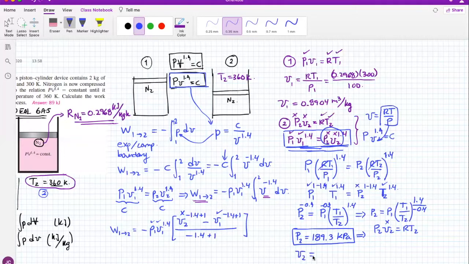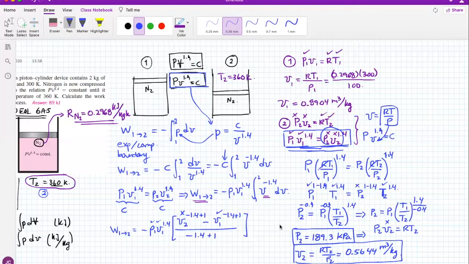So V2 equals RT2 divided by P2, and if you substitute all the numbers there, it should give you 0.5644 cubic meters per kilogram.